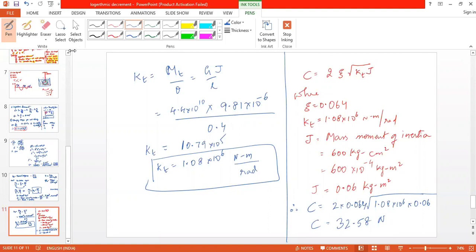What is the unit? Newton second per meter. There is no second here.